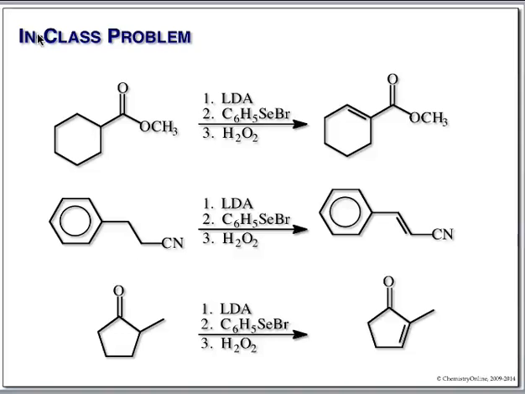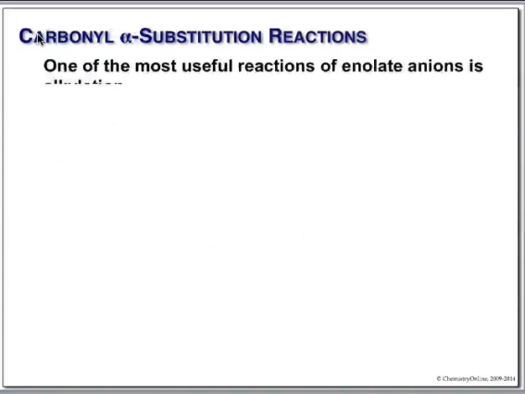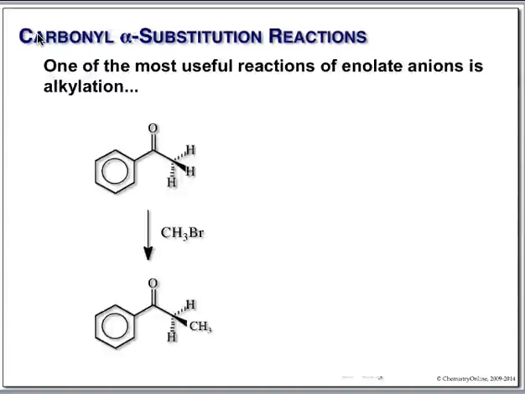All right, so far we've made enolates, and we've used these to attack halogen and now selenium. One of the most useful things you can do with an enolate is to use it as a nucleophile against an alkyl halide.